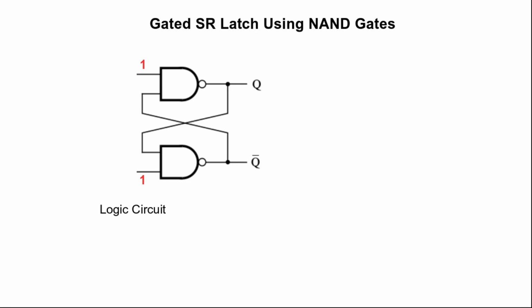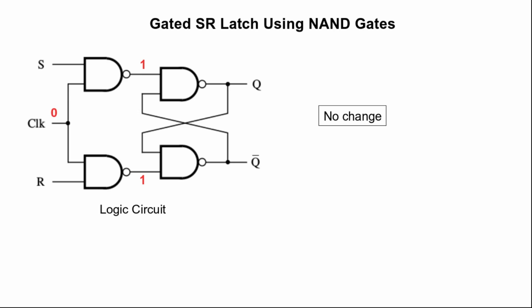And if you remember a few slides back, when we studied the characteristic table for the basic SR latch using NAND gate, we saw that both the inputs equal to 1 signify that no change will take place. It is opposite. The basic SR latch using NAND gate is like the opposite of the basic SR latch using NOR gate. So for NOR gate 0 0 signifies no change. For NAND gate 1 1 signifies no change. So what we see here is when the clock input is 0, no changes will take place.